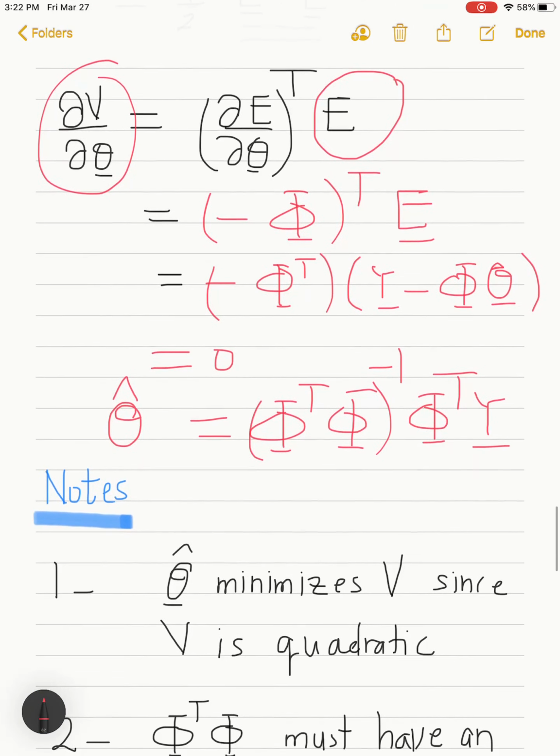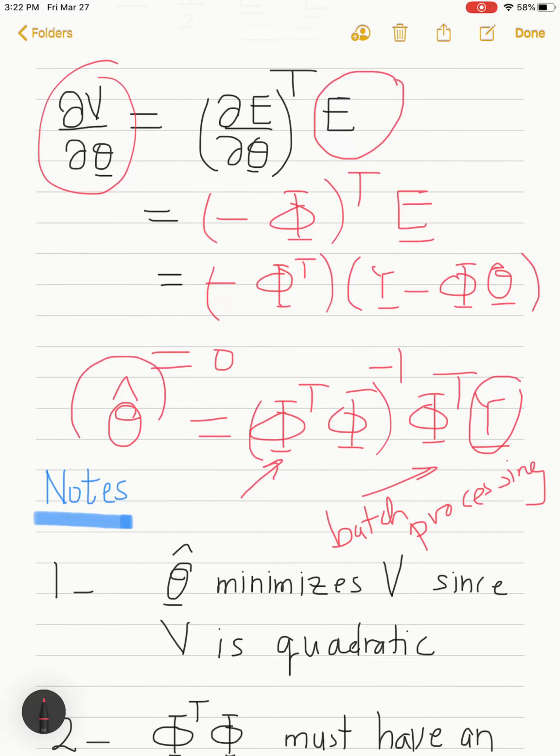However, you will notice that this expression requires what's called batch processing, which means that we are going to collect all measurements of y from time 1 up to time t, and we construct the corresponding information matrix Phi, and then use all the information all together to calculate the estimate theta.